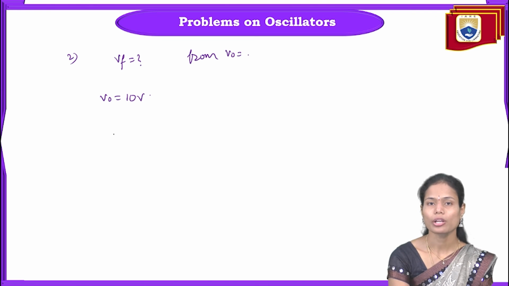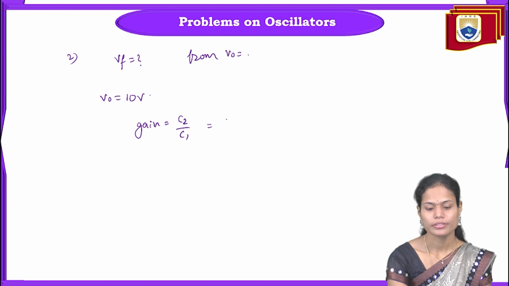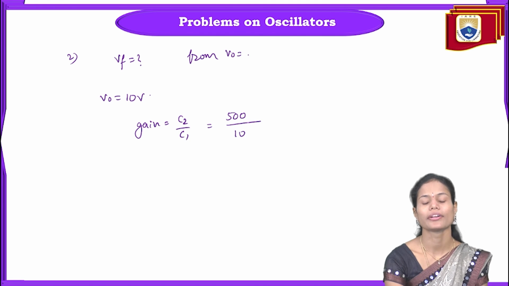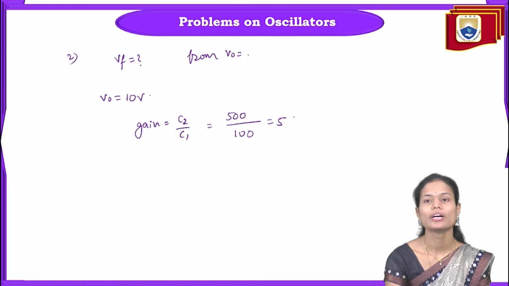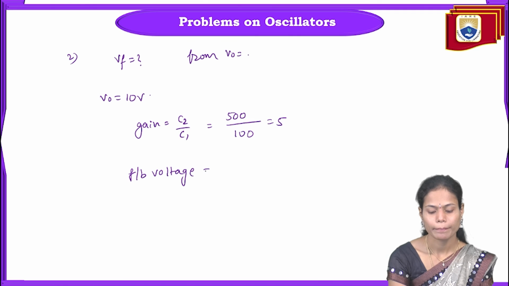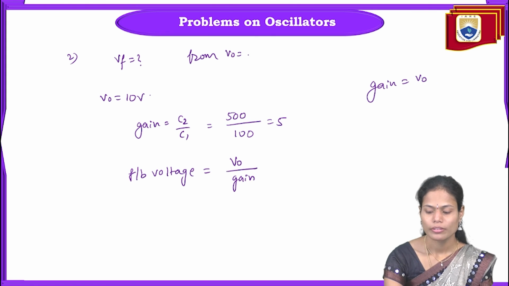For the Colpitts oscillator, the gain value is C2 by C1, that is, 500 picofarads by 100 picofarads, which is 5. We can calculate the feedback voltage using the output voltage and the gain, because gain is equal to V0 by Vf.